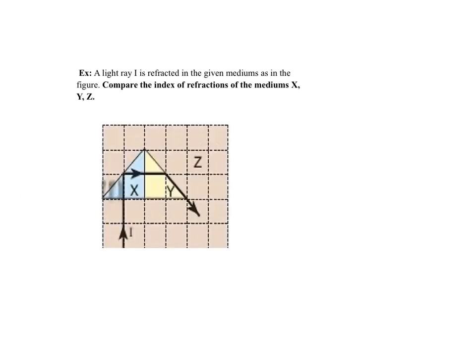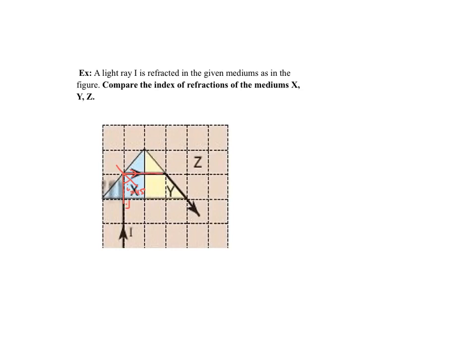Now we are going to compare the indices of refraction of the given mediums. Now the light ray coming with an angle of 90, you see no refraction. Here it makes total internal reflection. This angle is 45, the angle of incidence.